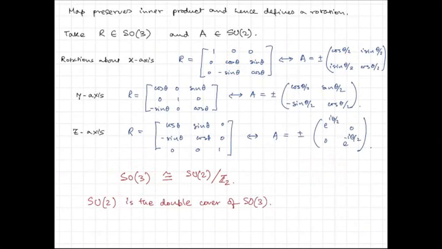But if you do the same rotation of 2 pi out here, it's going to pick up a sign. So in order to come back, you have to go around it once more, and you have to have a 4 pi rotation to get the same thing back.